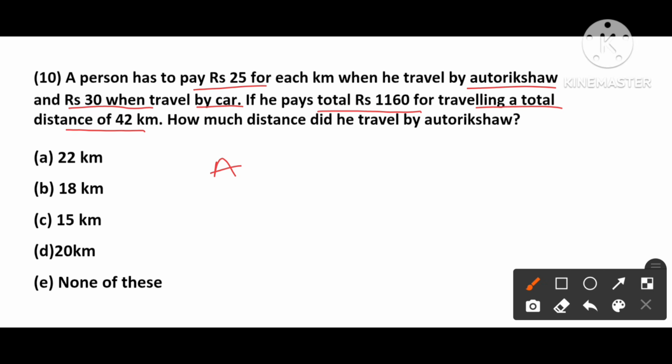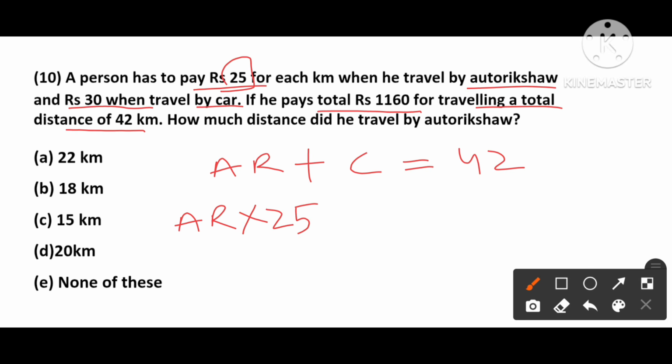So by auto rickshaw and by car, the total distance he covered is 42 kilometers. We don't know how much distance was covered by auto rickshaw, but they take 25 rupees as a charge by auto rickshaw. And for car, we don't know how much distance it traveled. For that distance, he pays 30 rupees per kilometer and totally pays 1160.